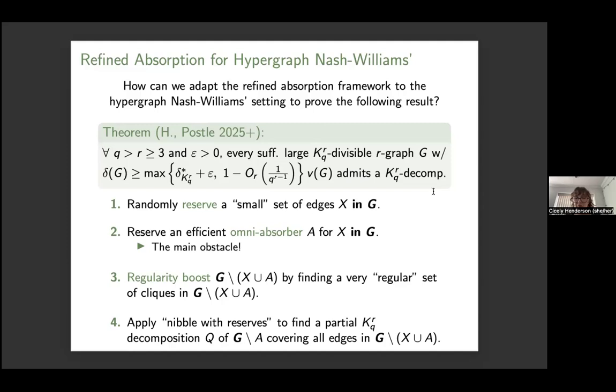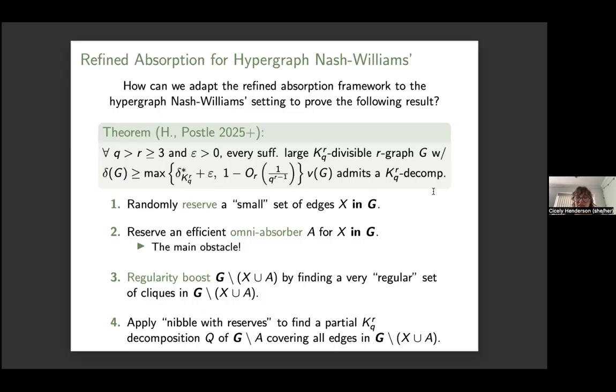But then step 3, we regularity boost what's left in G instead of in the complete graph. And this step is non-trivial, but given our previous work, we were able to adapt some of our lemmas to this setting quite nicely.